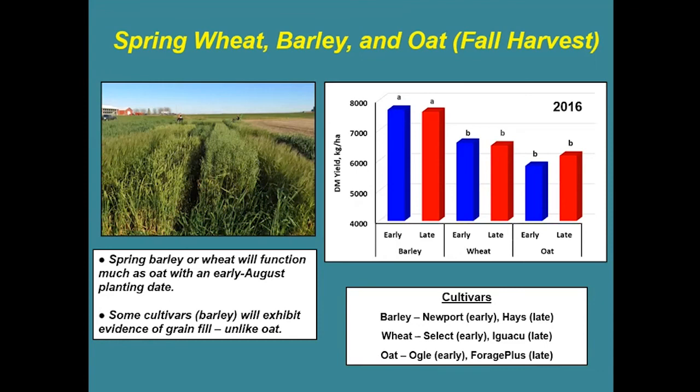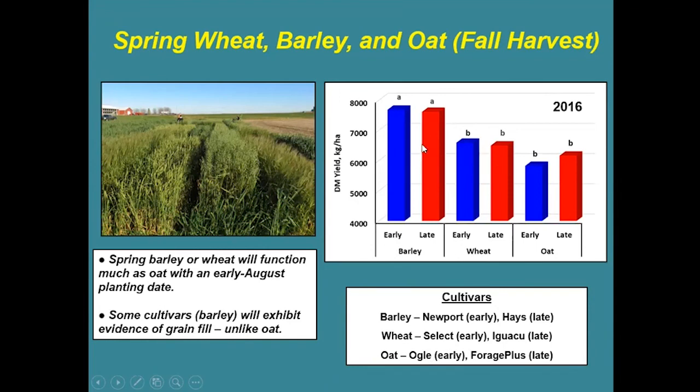And we did a study, the last ones that I did in Marshfield, where we included spring barley and wheat. And in this study, we had early and late maturing cultivars of each species. And what I've plotted here is the dry matter yield for each of these for one particular year.